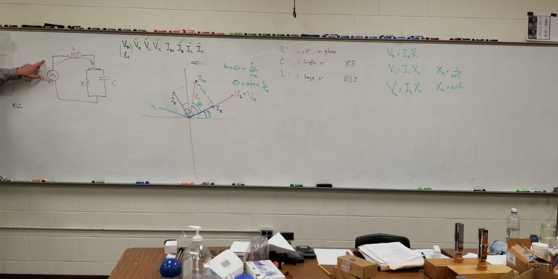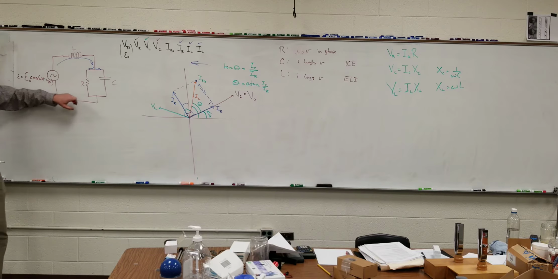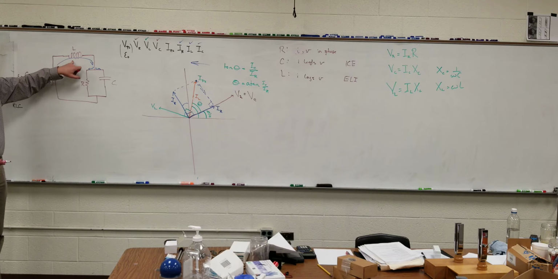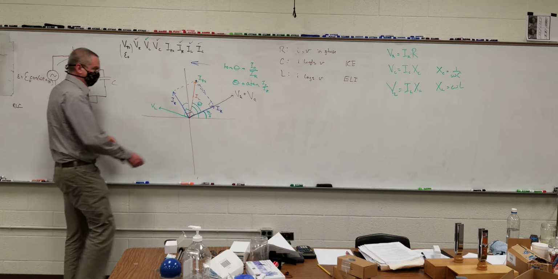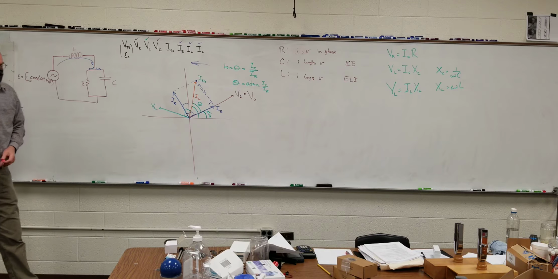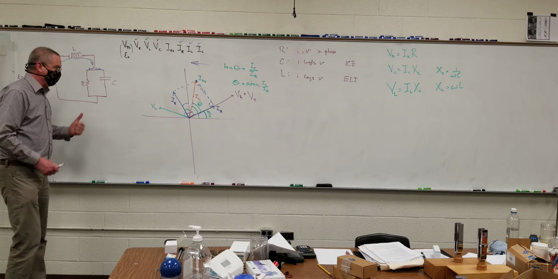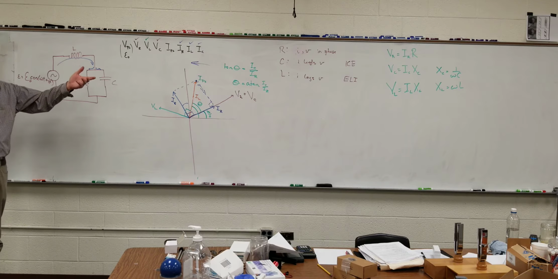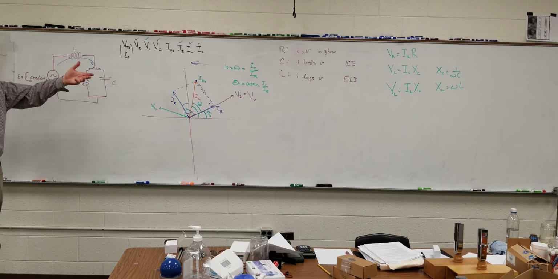So I know the voltage across my power supply has got to be equal to the voltage across here plus the voltage across here. So, well, I got my voltages there, I'm gonna add them, and I add them like vectors. To say that epsilon naught equals VL plus VR, again, misleading for the same reason as before.